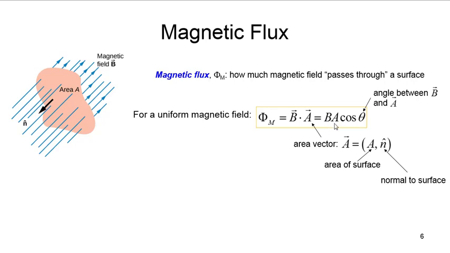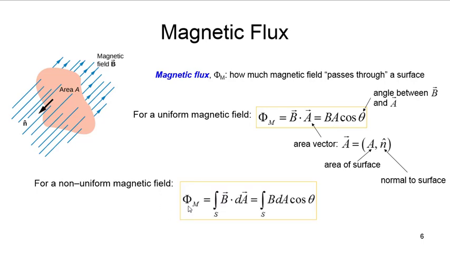What if the magnetic field is not uniform? Well, then we have to integrate. To take the total magnetic flux, I'm going to integrate B dotted with dA over the whole surface, where dA is a tiny little chunk of surface, a tiny little bit of area. And if you don't like the dot product, it just tells you to take the magnitude of B, how strong your magnetic field is, take the magnitude of that tiny bit of area, and multiply by the cosine of the angle between the magnetic field and the normal to our area there.